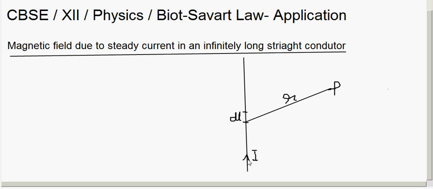A long straight conductor carries a current I. For easy derivation, we take a small current element dl, and using Biot-Savart law we can find the magnetic field at P due to this current element, where point P is at a distance r from the current element. Let us say the angle between the current element and the distance vector is theta.